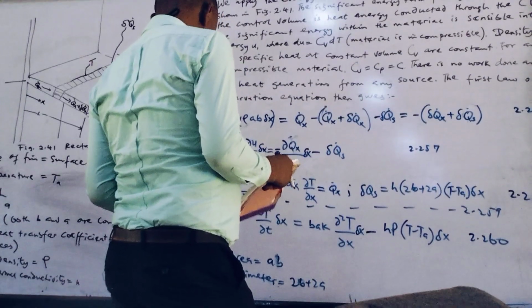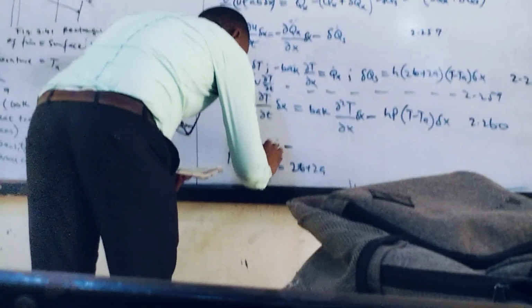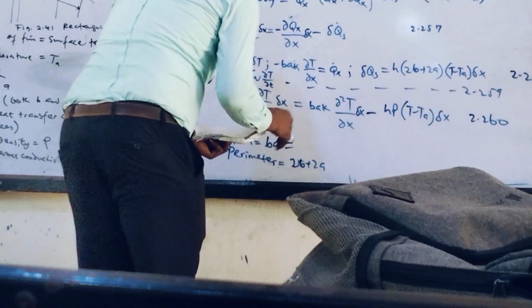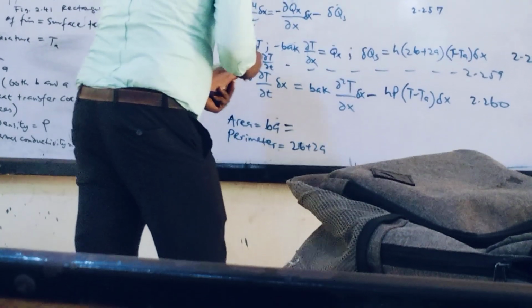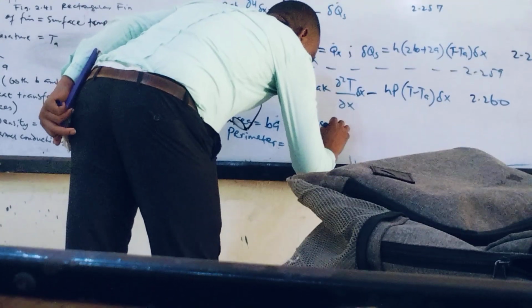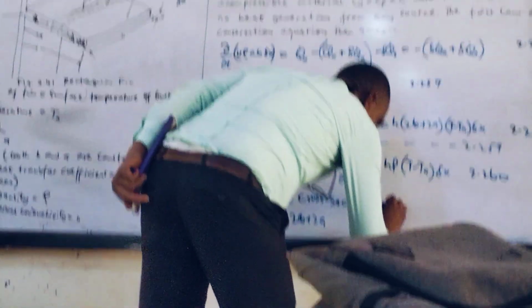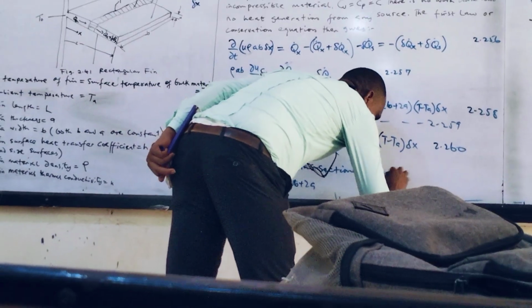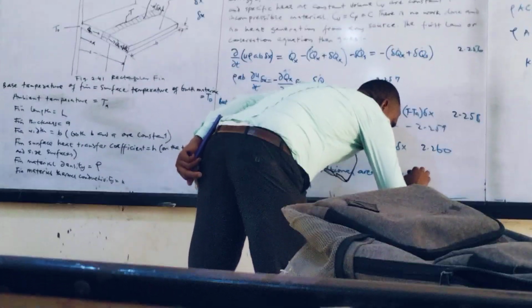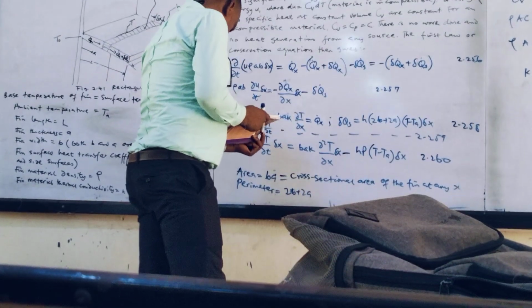So area A is equal to the cross-sectional area of the fin at any x.